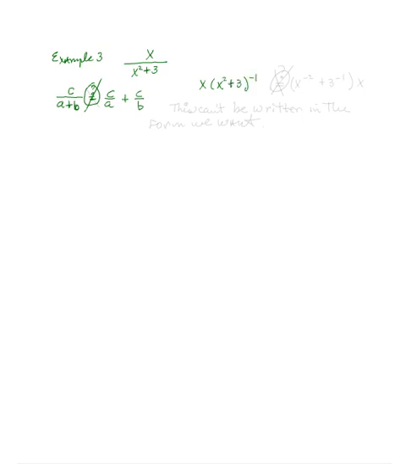And that's looking promising. Okay? And it's looking more like what we want. But now we run into another algebraic problem. And the question is, so what can you do about this quantity to the -1 power? Can you say it's x to the -2 plus 3 to the -1? Question mark. Is that true?